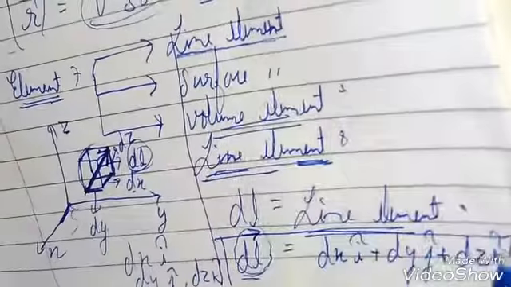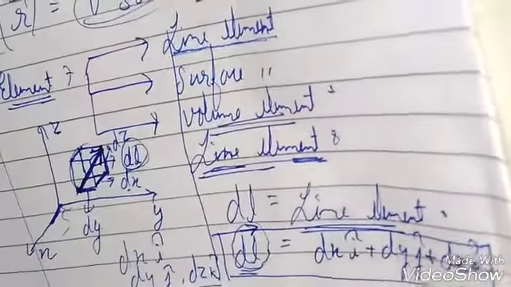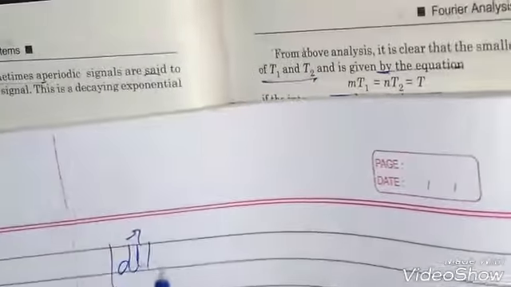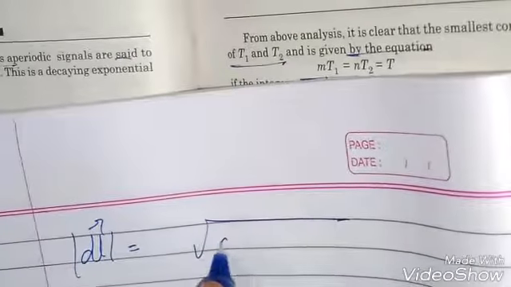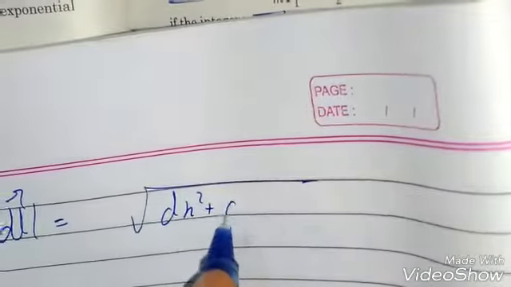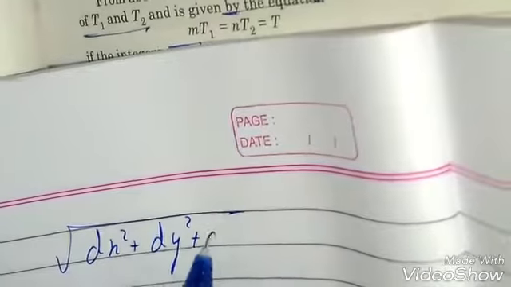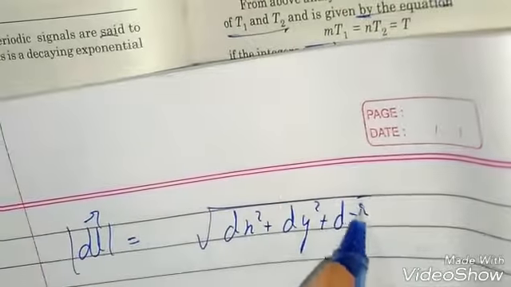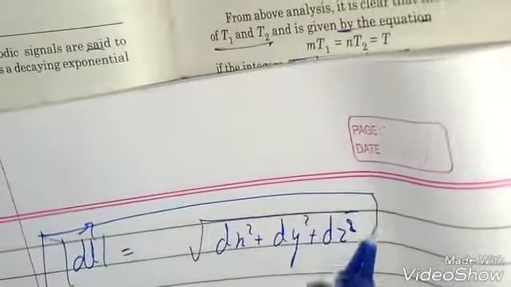This is the expression for line element. If you want the magnitude of this line element, then we can write the magnitude of dl vector is equal to square root of dx squared plus dy squared plus dz squared. It is the magnitude of the line element.